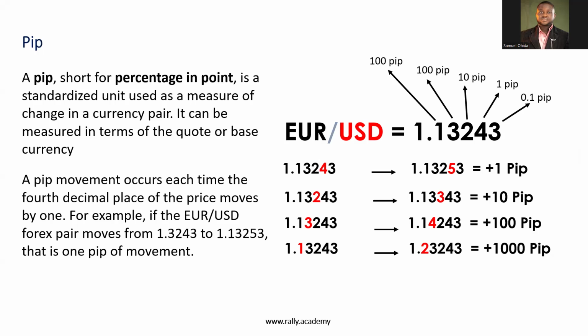Look at this price, Euro USD equal to 1.13243. The 4th decimal place there is 4.